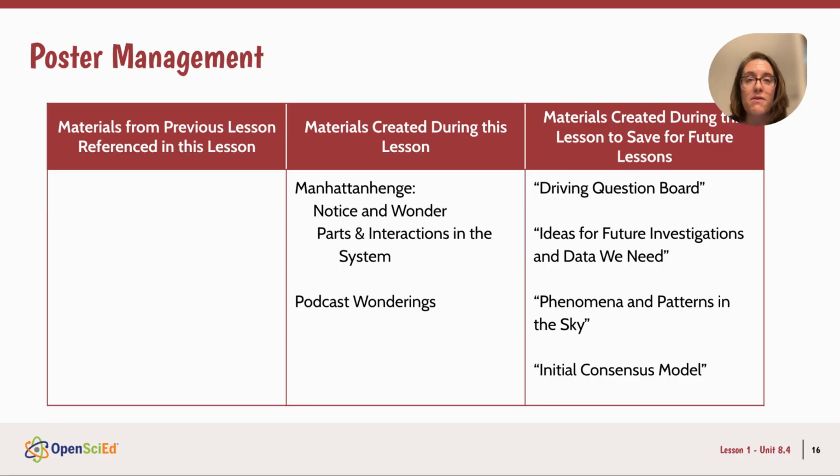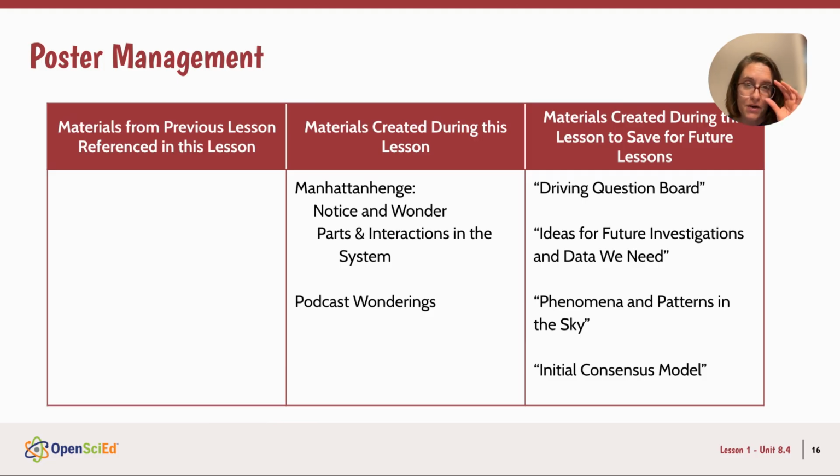And you'll also have a poster for the podcast wonderings, and then materials that you create that you're going to keep using for future lessons: your driving question board, the ideas for future investigations or data that we need, the phenomenon and patterns in the sky, that will be used a lot, especially in lesson set 1, and then your initial consensus model.